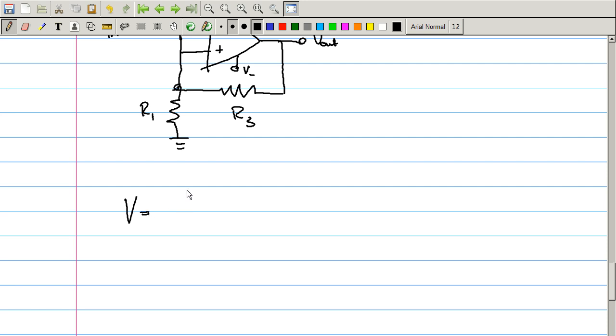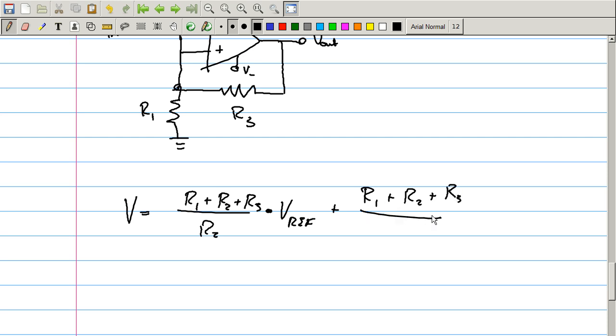V equals R1 plus R2 plus R3 over R2, times V ref, plus R1 plus R2 plus R3 over R3, times VCC.